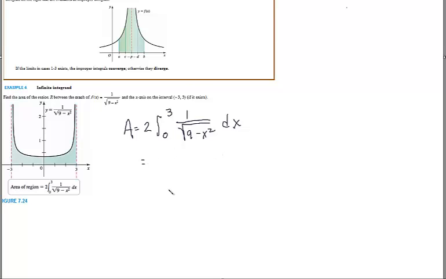So using my definition from above, that's going to look like 2 times the limit, and we'll call this c going to 3 from the left of the integral from 0 to c.